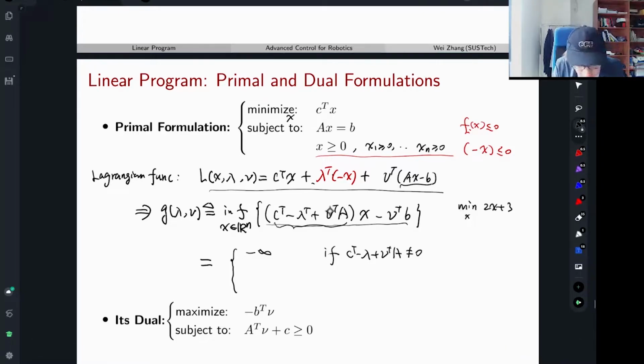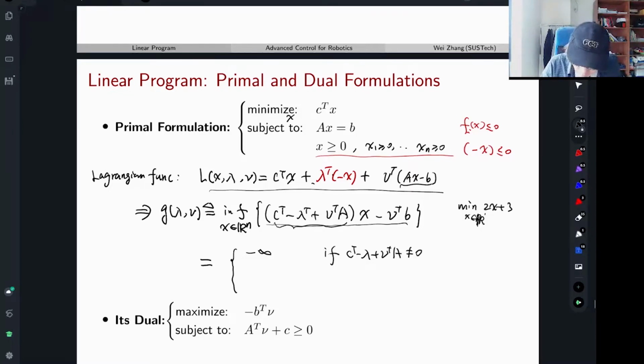If this term is non-zero, you can always pick x such that the cost can be arbitrarily negative. For example, if I minimize over this function in R, then it's negative infinity. I can pick negative 100, negative 1,000, negative 10,000; there's no limit. I can decrease the cost forever.